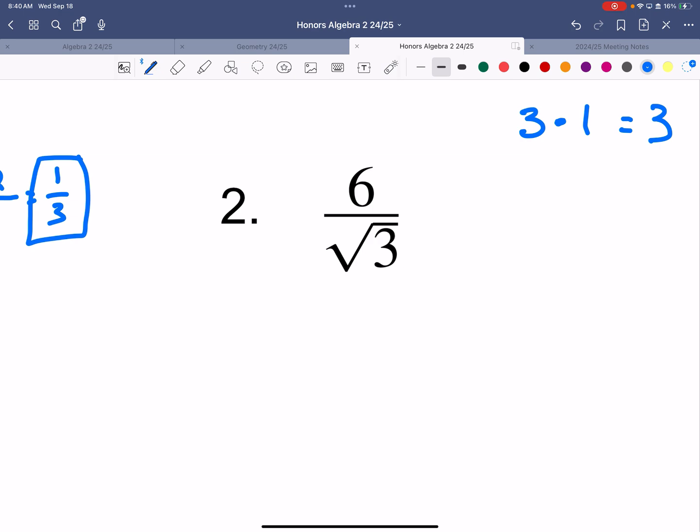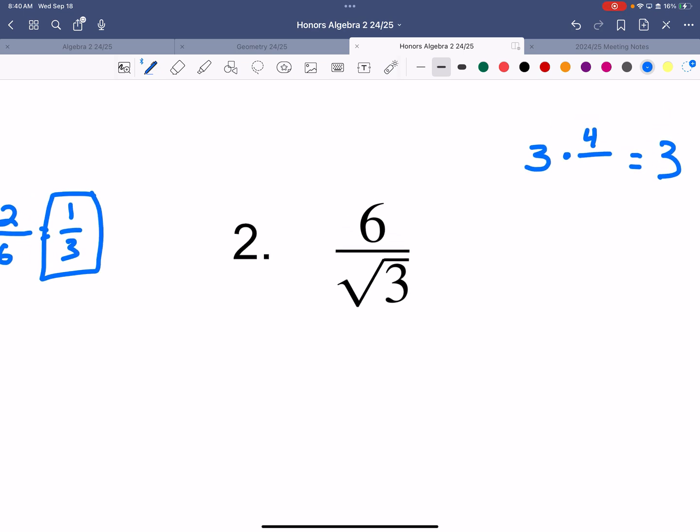Okay, well, multiplying this by 1, I'm still going to have a radical in the denominator, right? Okay, so I can't multiply it by 1, but let's go back to this 3. Let's say that I go 3 times 4 over something. Can't change its value, but I'm going to go 3 times 4 over something equals 3.